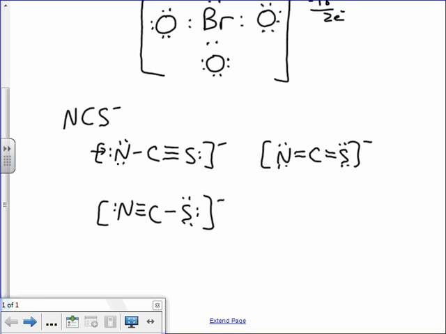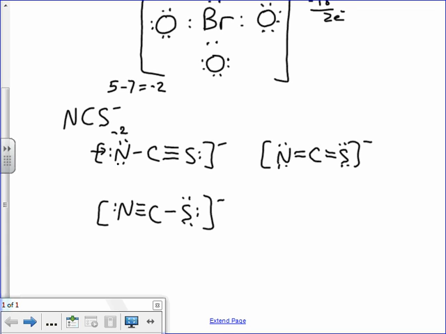Now, how many valence electrons does nitrogen have? It has 5, right? So what you do is you take the number of valence electrons minus the number of electrons it now has assigned to it, and that gives you its formal charge. So the formal charge on this nitrogen right here is a -2.